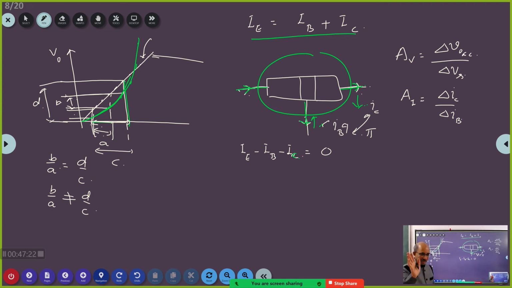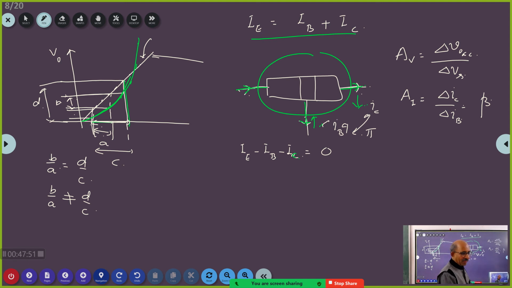The DC component will amplify DC, the AC component will amplify AC. And what is this? This is nothing but beta. So current amplification is nothing but beta. But what you have to now see is that the change in IC will have a phase difference.